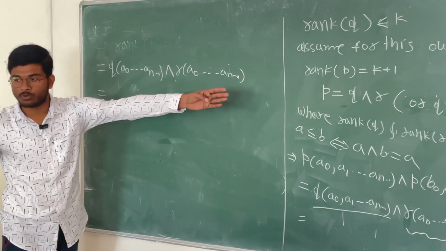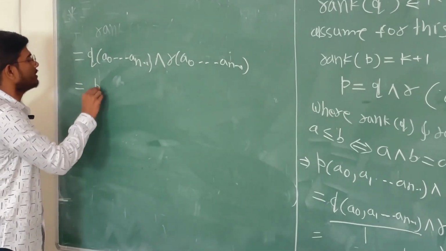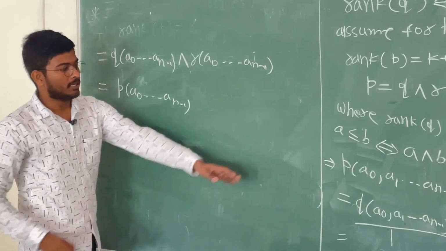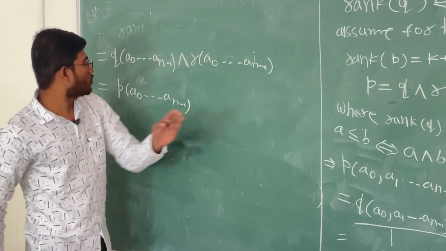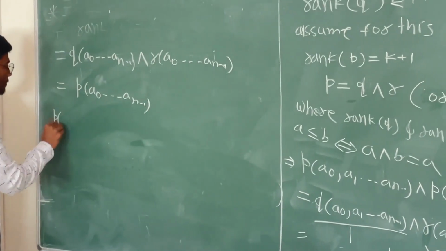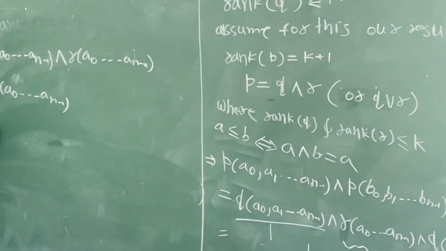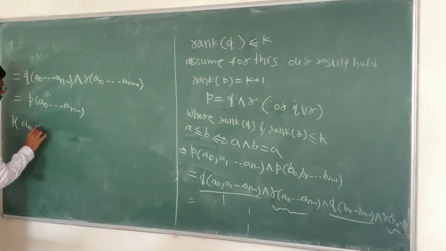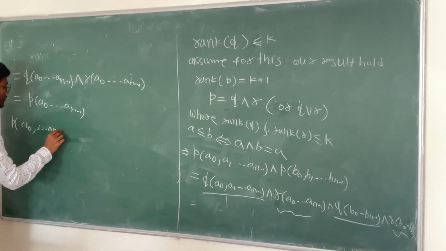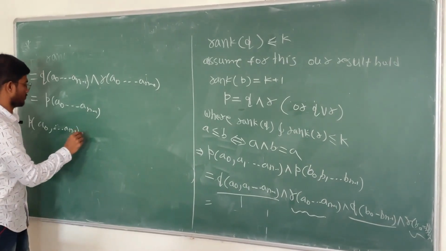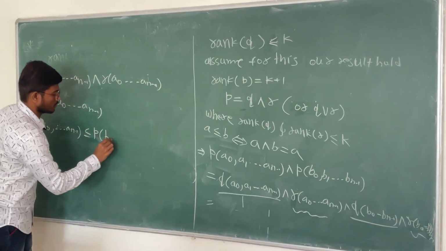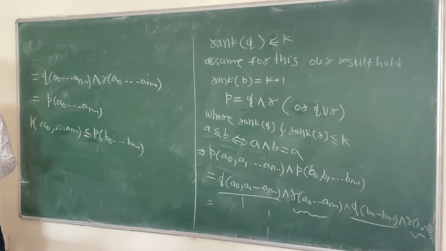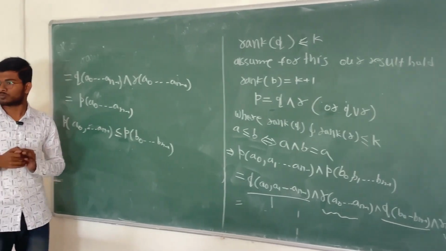So we have that p is equal to q join r. So we can write it here as p of a0 up to an minus 1. That is, the combination of these two is equal to this. So we can write p of a0. So the result holds for a polynomial having rank k plus 1, so it also holds for any rank.